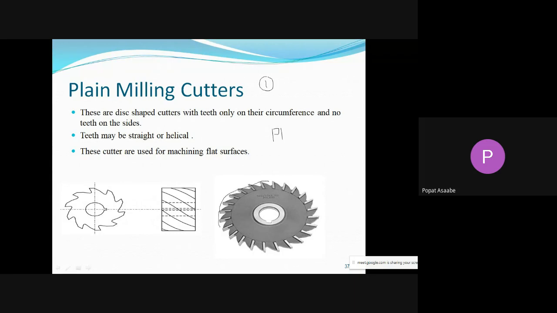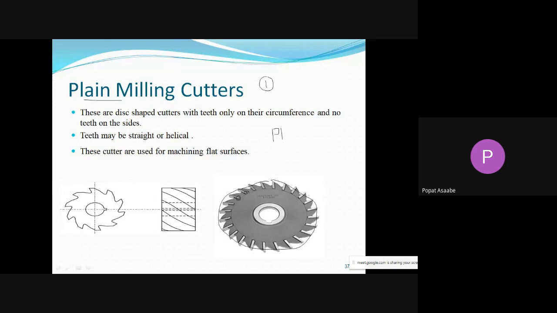There are no teeth on its side. Plain milling cutter means what?